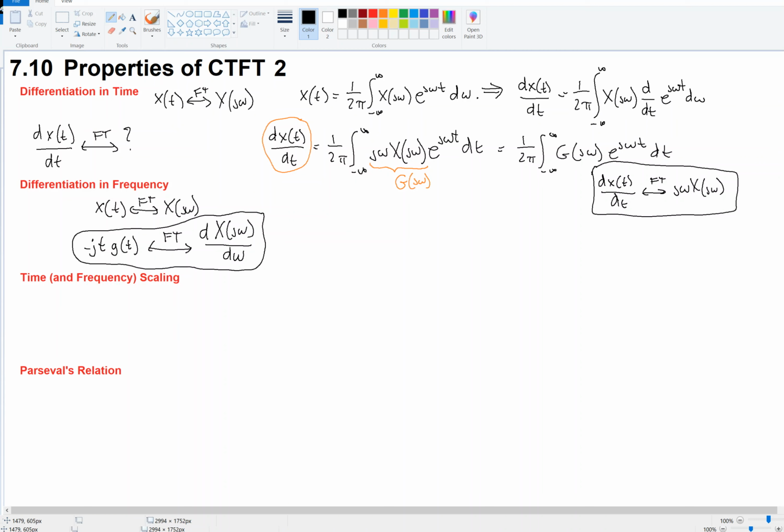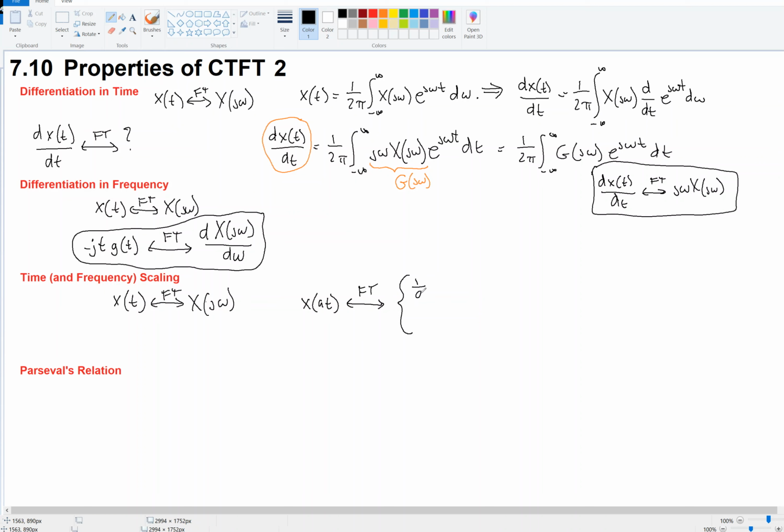Time and frequency shifting. I'm just going to give you the result. If x of t has Fourier transform capital X of j omega, then x of at, where a is a constant, has Fourier transform given by this.